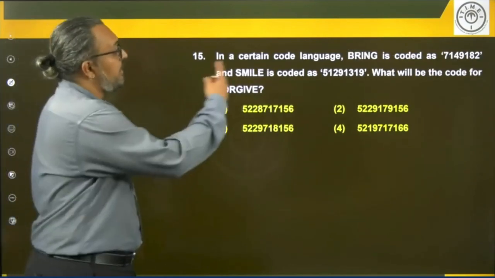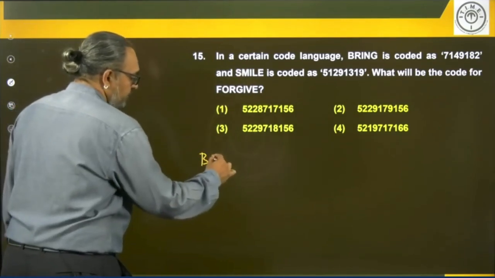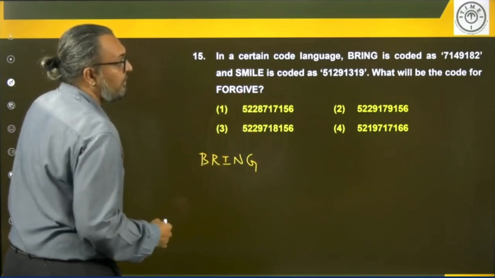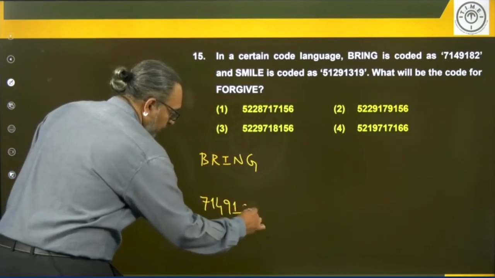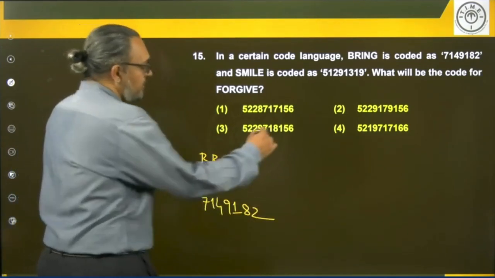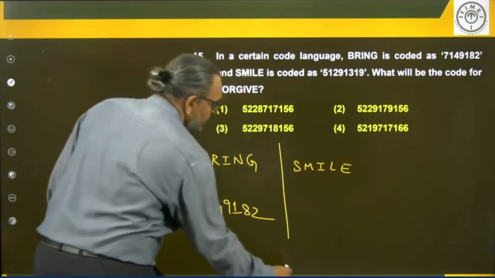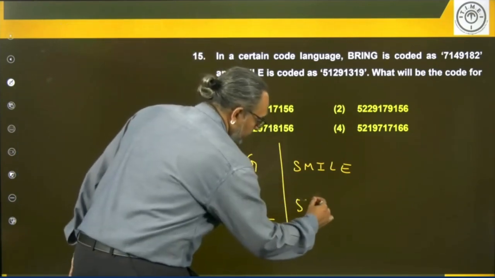Then in a certain code language, bring is coded as 7149182. And smile is coded as 512913919.